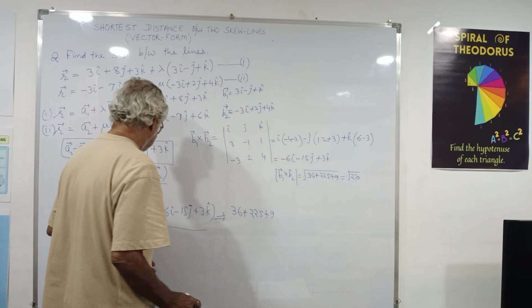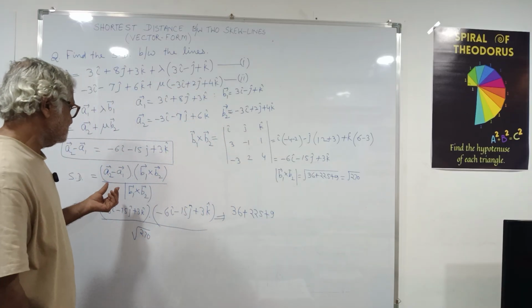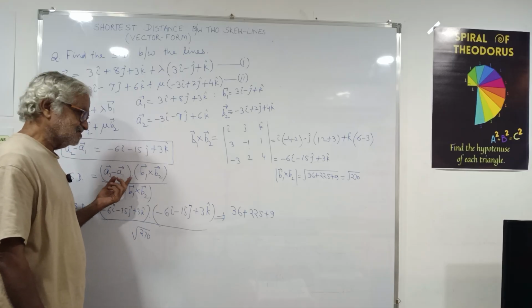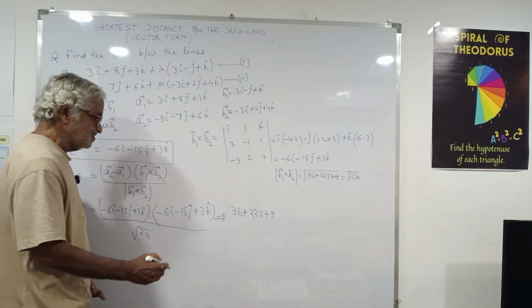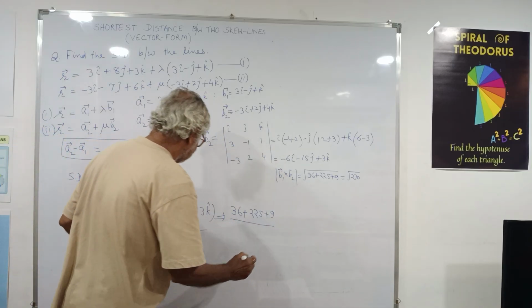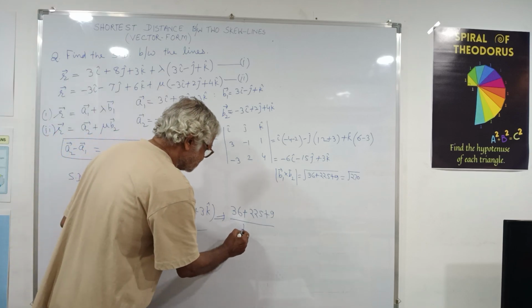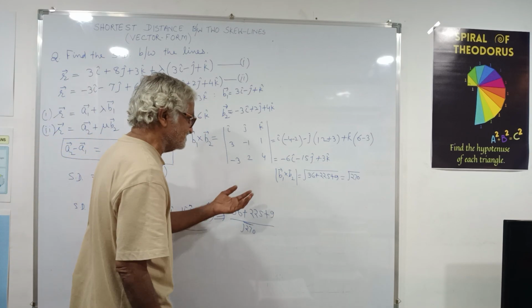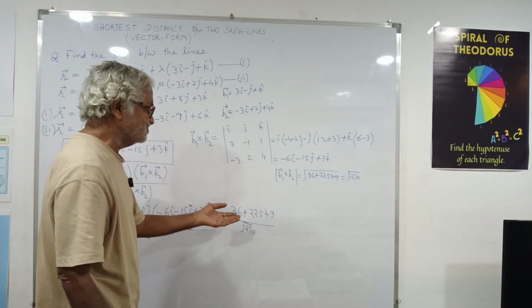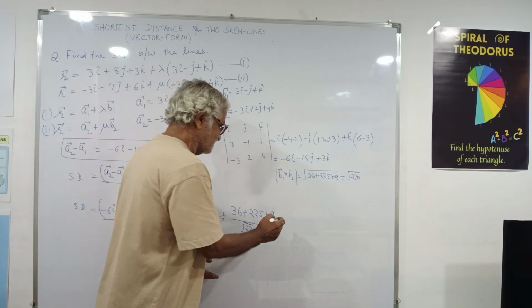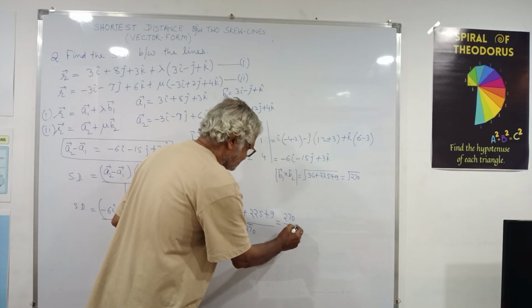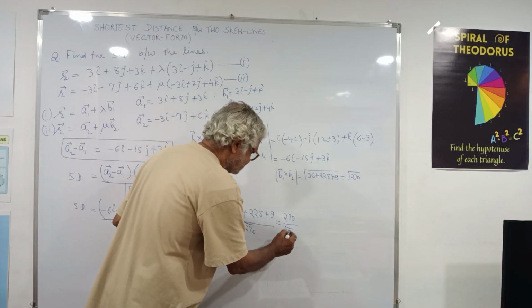So this is a2 minus a1 dot b1 cross b2 divided by mod, 270. You see the same numbers are there, 36, 225, 9. So this total is 270 upon under root 270.